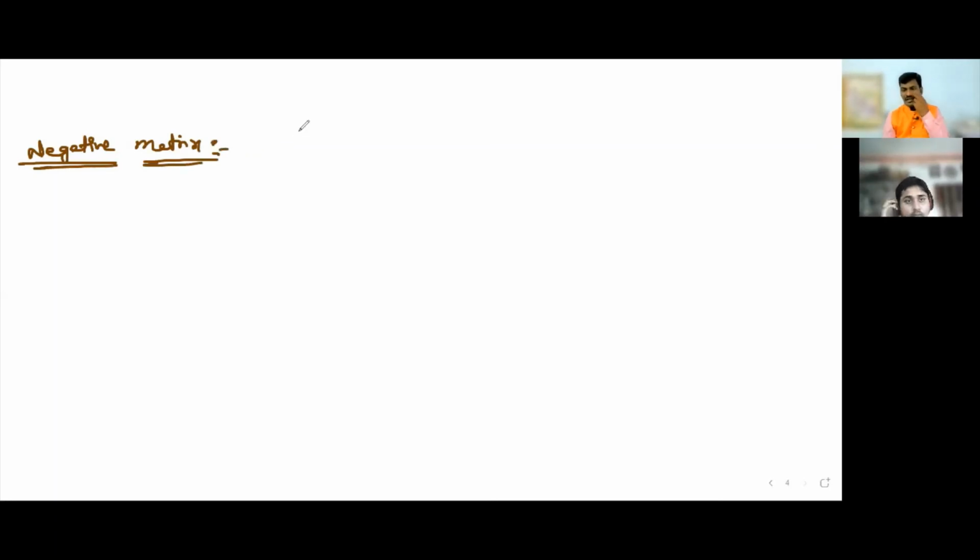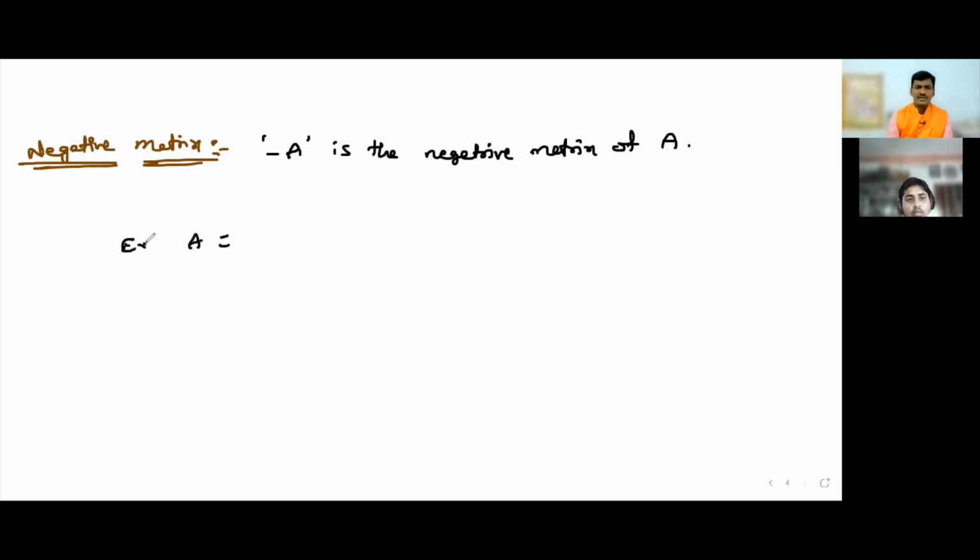By multiplying by minus, minus A is the negative matrix of A. It means we have to multiply each and every element of A by minus. For example, A is equal to 1, 2, minus 3 and 4. Like this we have some elements.